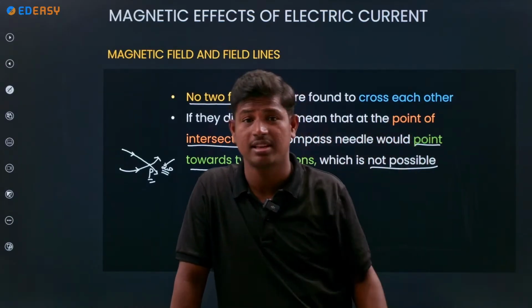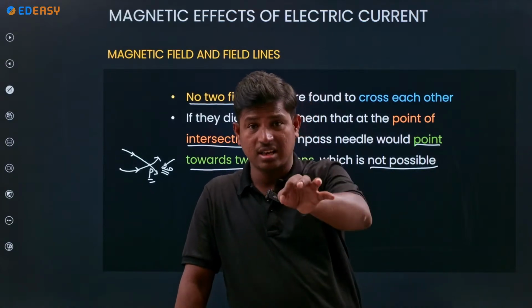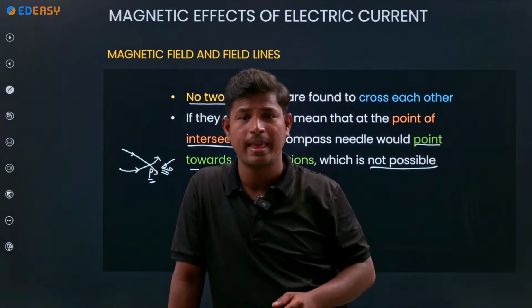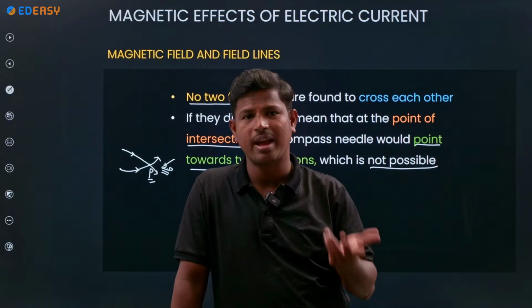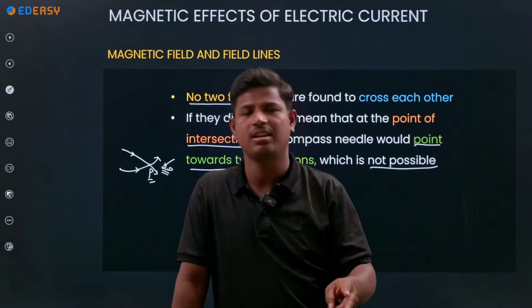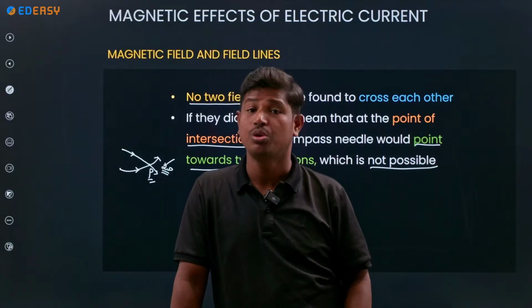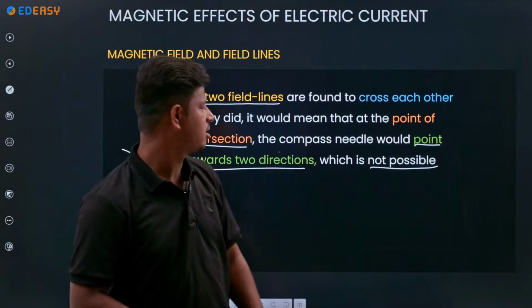They will ask you the reason also. Why do they never intersect? If they intersect, it shows two directions. Practically, it's not possible. So magnetic field lines never intersect. Clear? Okay, this is simple.